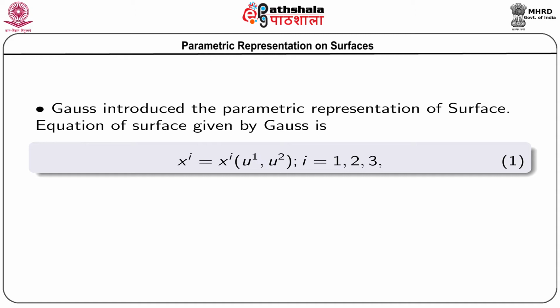So, we can write 3 equations: x1 as a function of u1, u2, x2 as a function of u1, u2, and x3 as a function of u1, u2. So, equation 1 is giving 3 equations with u1 and u2 as variables. u1 and u2 are known as parameters, as I have mentioned.